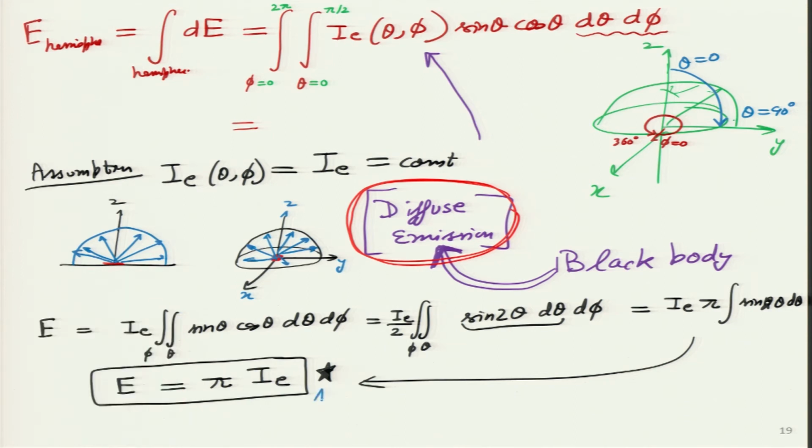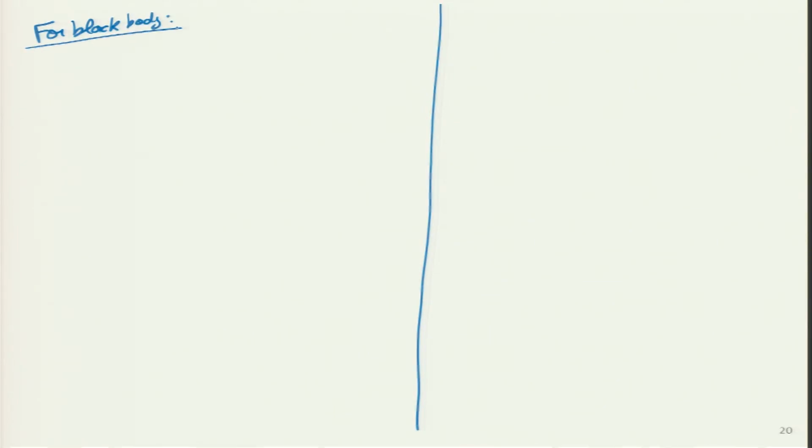So, I am picking up this blue star equation from here and I am taking it to the next slide, and what I am going to write is that for a black body I can clearly write, because I got this expression for a diffuse body, and a black body is always diffuse. So, I will put a subscript b over here. This small subscript b stands for black body.